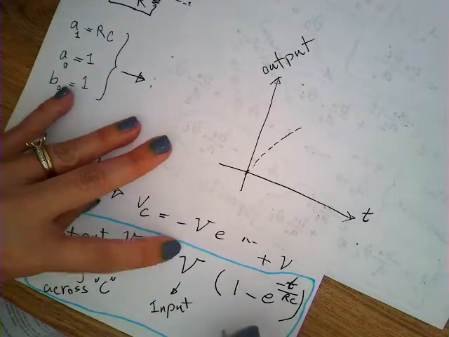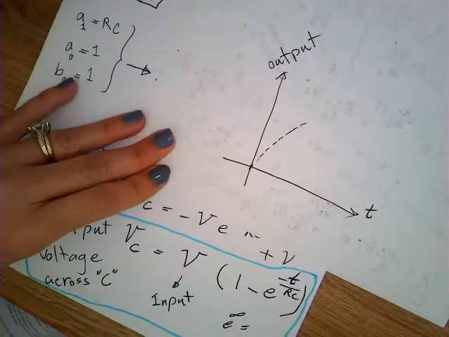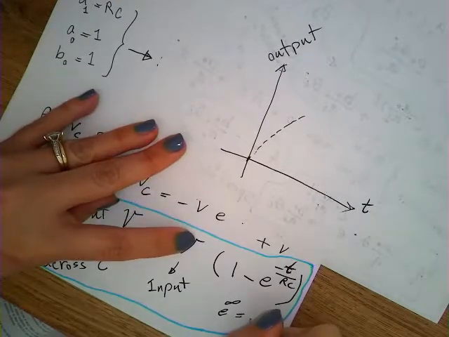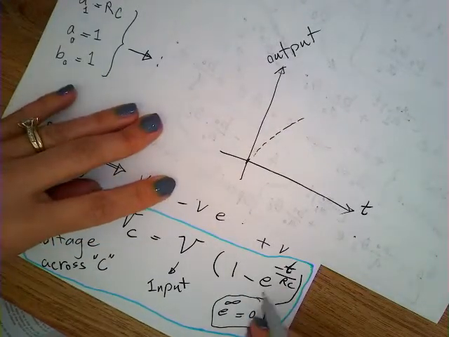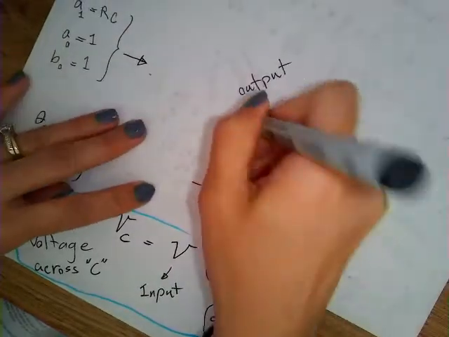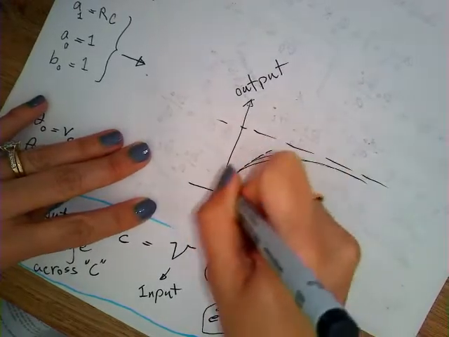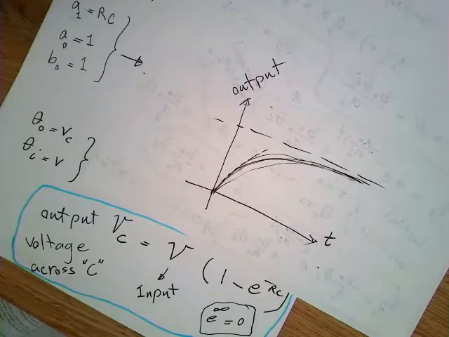Based on calculus, based on mathematics, that will be 0. So that will be cancelled out, and then my VC will be equal to my V. So I'm going to have that kind of performance, and that will give me a solution for this problem.